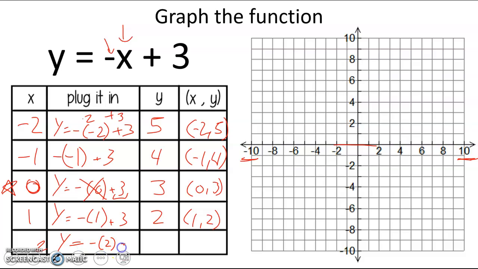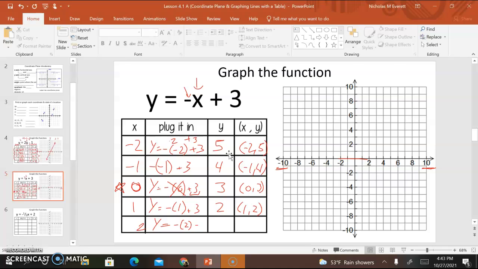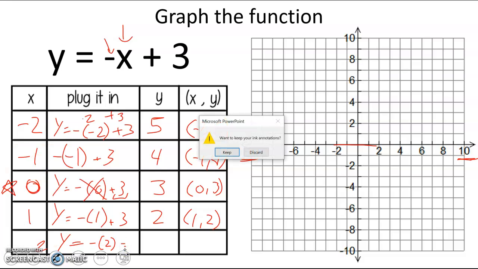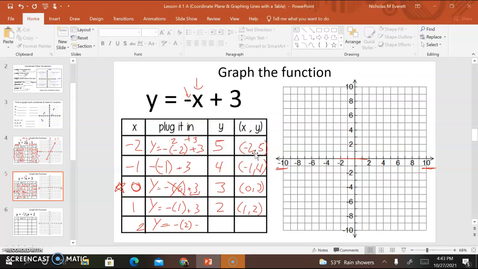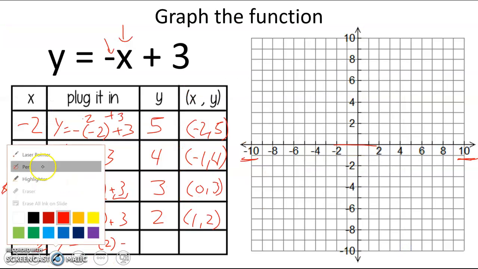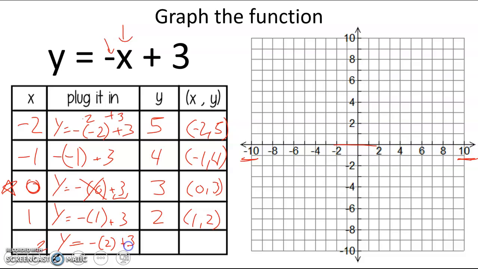This negative turns that 2 to a negative, and plus 3. Sorry about this, y'all. So negative 2 plus 3 is 1, so we plug in our ordered pair 2, 1.